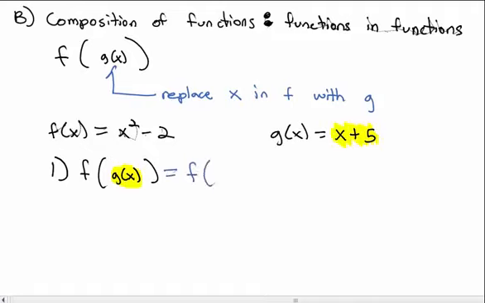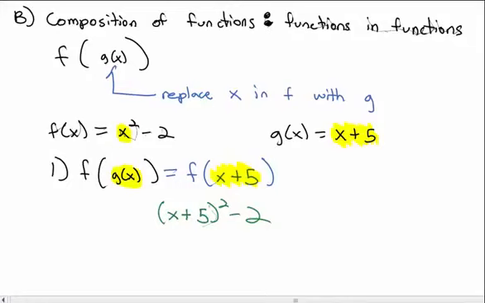What we're essentially asking to do is take f and replace the guts with the x plus 5. Well, the guts in f, that's the x squared. So now, instead of x squared minus 2, it's stuff squared minus 2, and that stuff is the x plus 5.